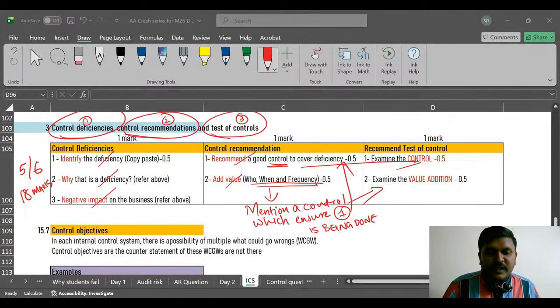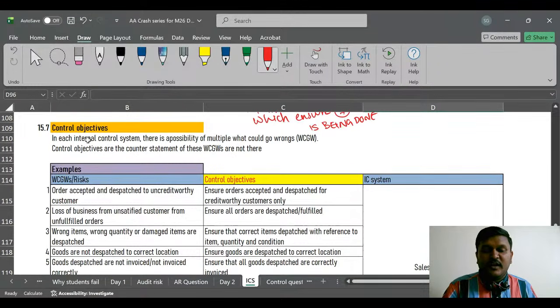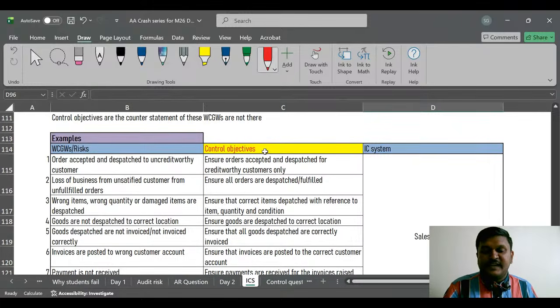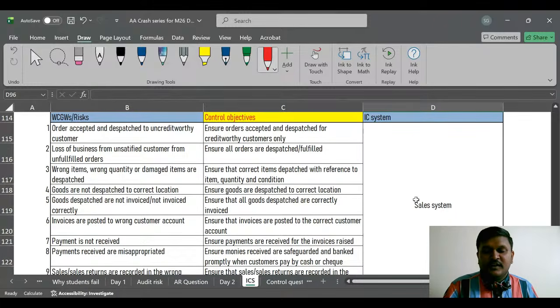So this exam technique we are now going to apply to the question. But before we go into the question, I am giving you a hint: there is one more aspect, control objectives. In the C column you can see I have put this in. For the sales system, what could be the control objectives?